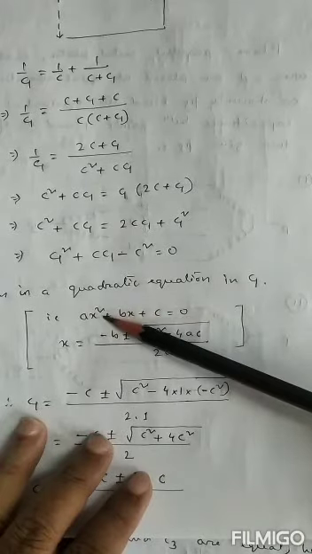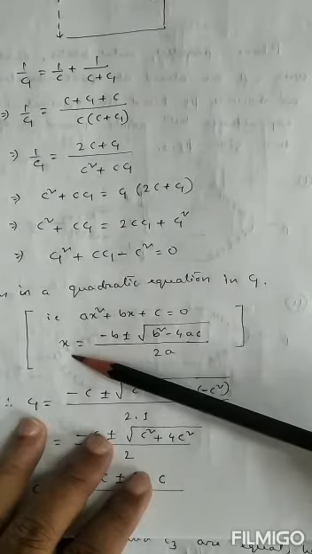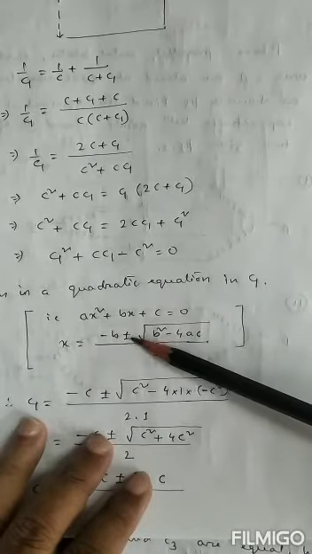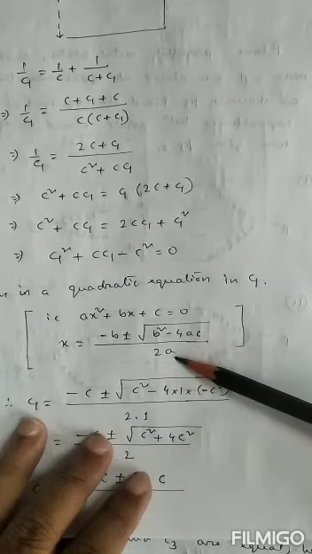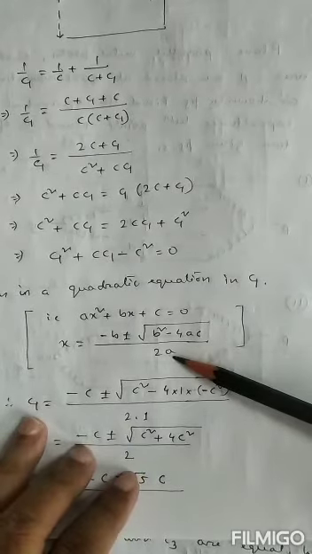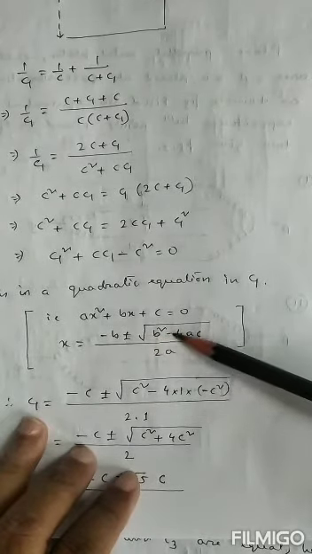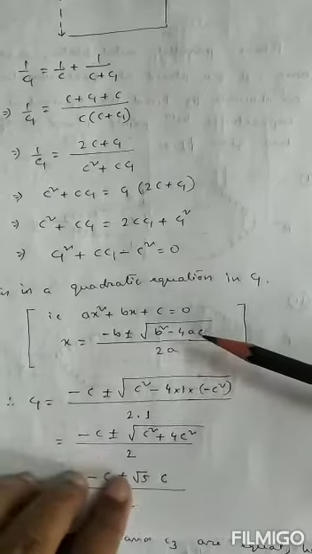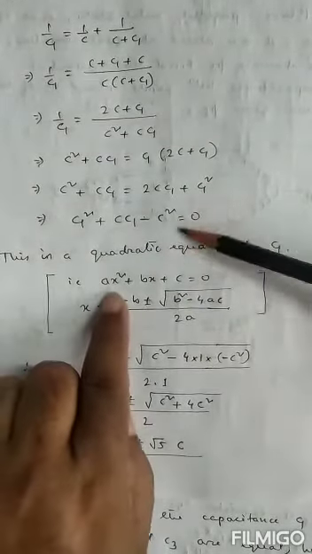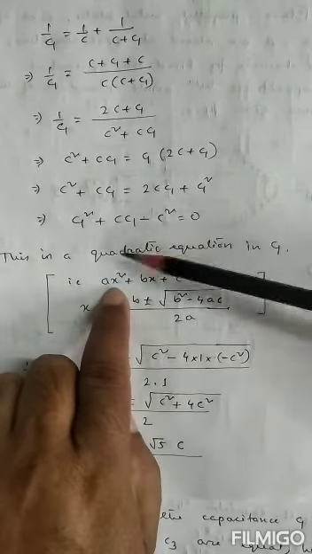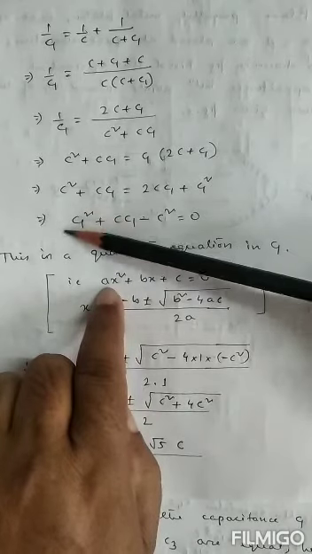If the quadratic equation is ax square plus bx plus c is 0, what is the solution? x is equal to minus b plus or minus square root of b square minus 4ac divided by twice a. So this is the quadratic equation. That means if I compare these two equations, here ax square, this is C1 square. That means the value of a in this case is 1.